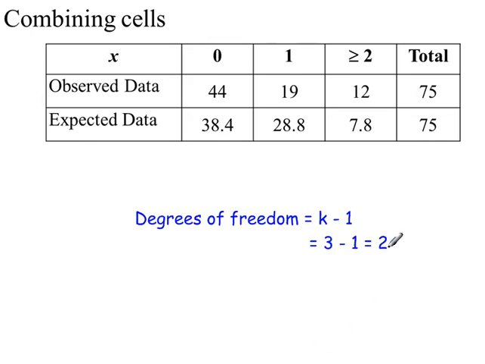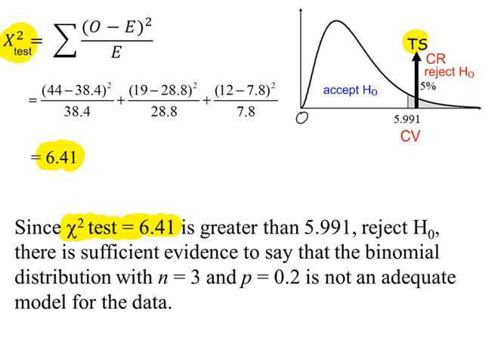So we have 2 degrees of freedom. Our test statistic, 6.41, is greater than our critical value, 5.991, so we're going to reject H0. And in the conclusion, we need to mention the probability distribution with its assumed parameters.